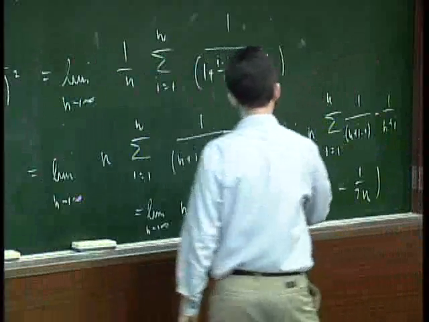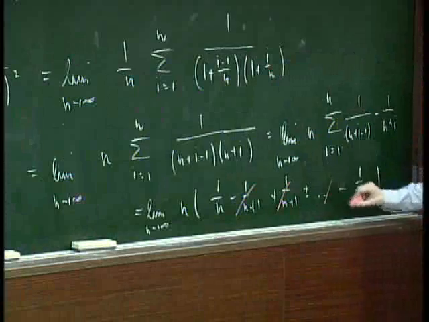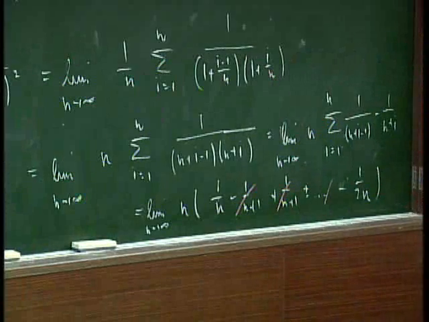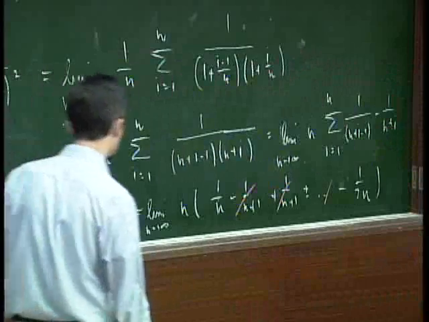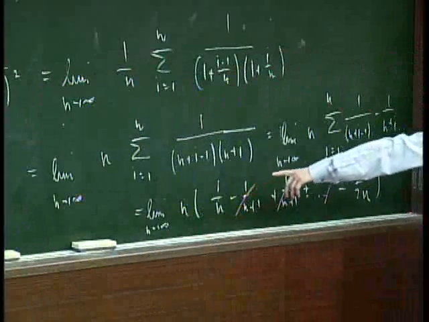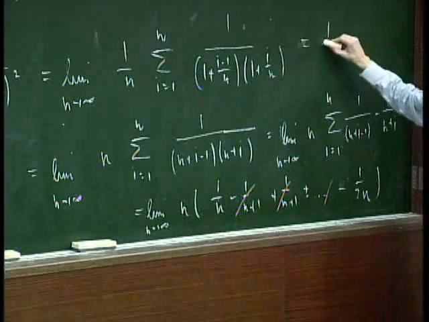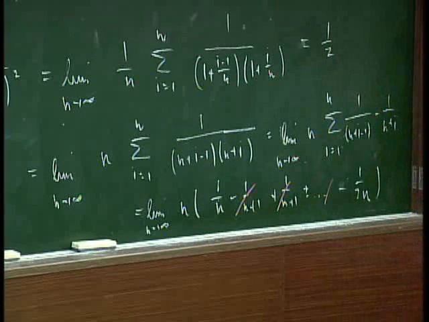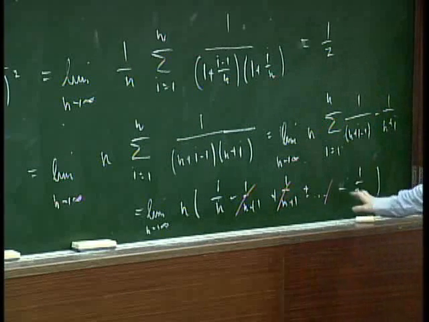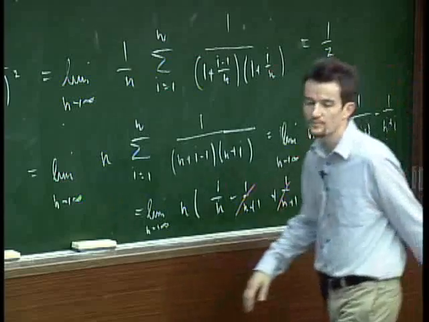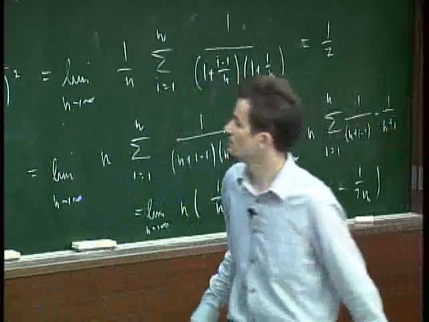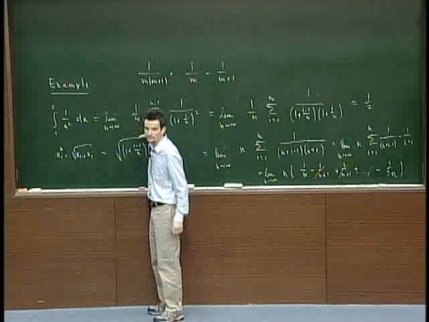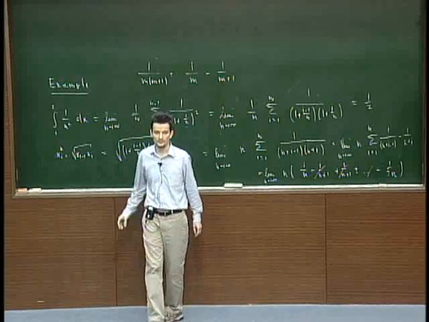So only the first and the last remain, which makes the limit very easy. Because you see that it's only 1 minus 1/2, so what you get is 1/2. So sometimes if you cleverly choose the sample points, it might be indeed possible to solve the corresponding limit problem.